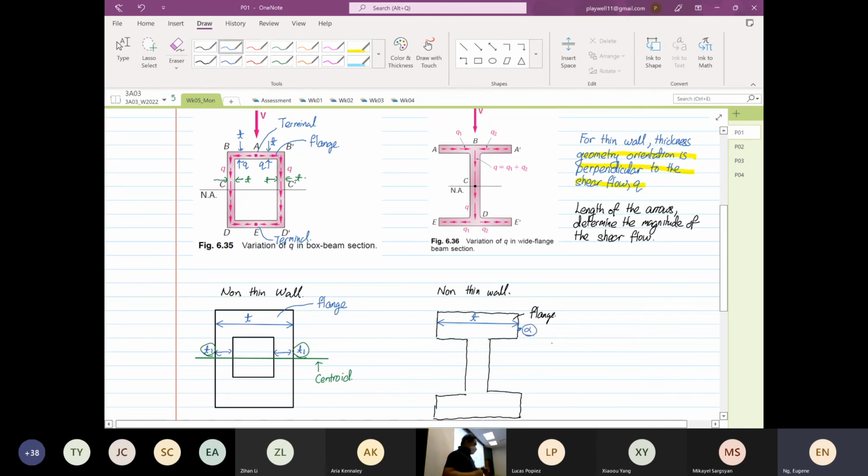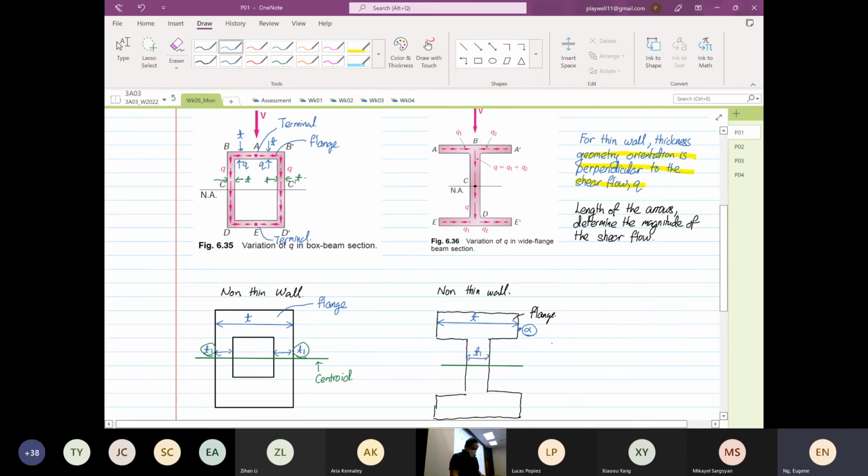That is the thickness that we will use. If we draw on the centroid, this will be our thickness. So now I think you can see some similarities between thick wall and thin wall.